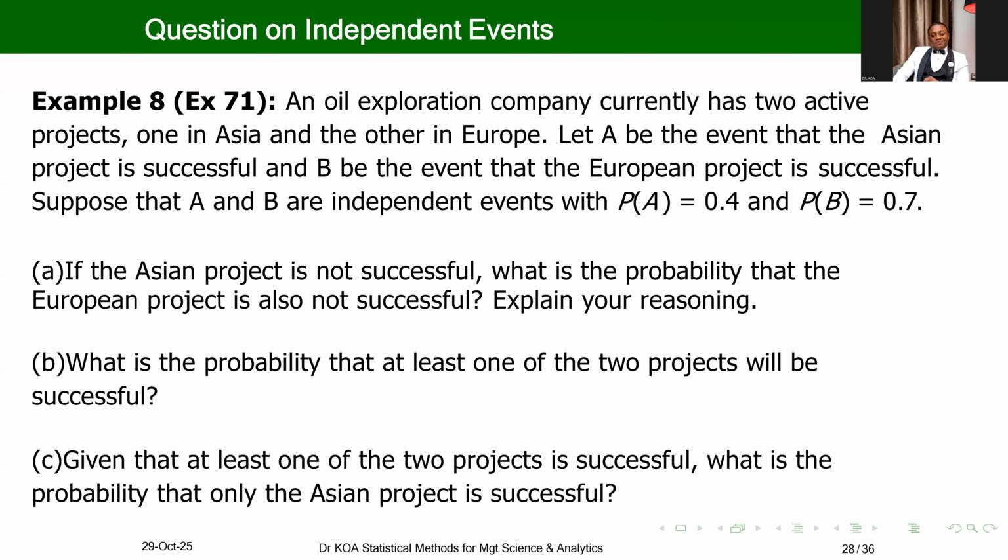You're looking at the probability of A, B complement, because that's only the A part without the intersection of B. So we're looking at the probability of A, B complement, given the probability of A union B.